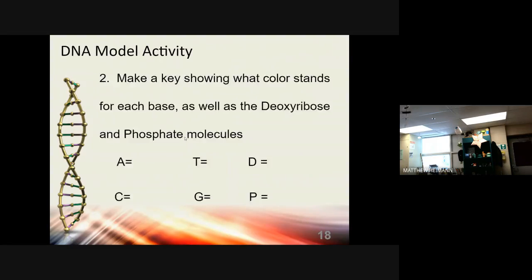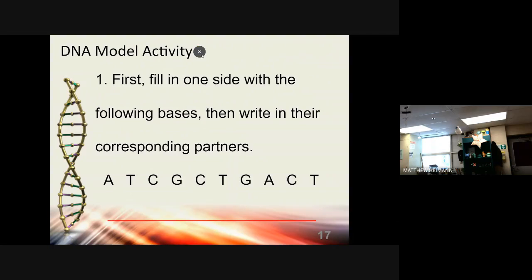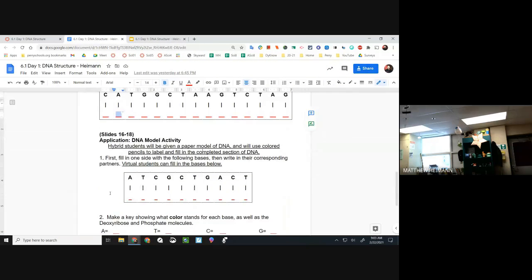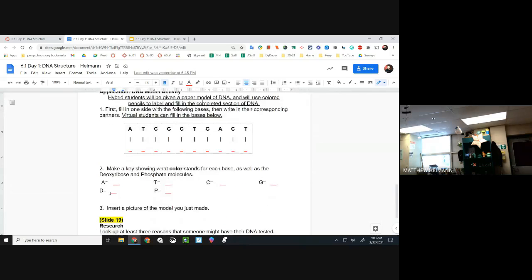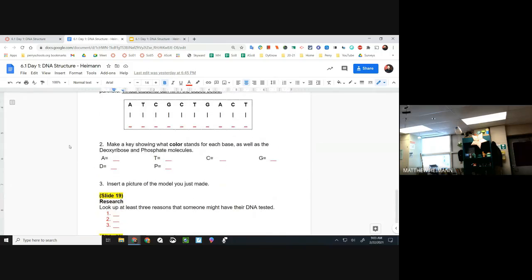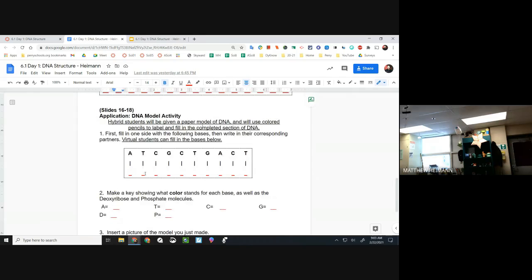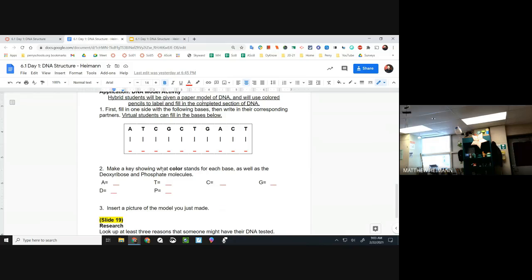All right, so this DNA model activity, let me see what it looks like on here. You can start by getting these things filled out here. And then once you get that done, if you are done with your quiz, I want you to work on the DNA model with colored pencils. If you're not done with your quiz, do the wrap up, the research, and then do your quiz.